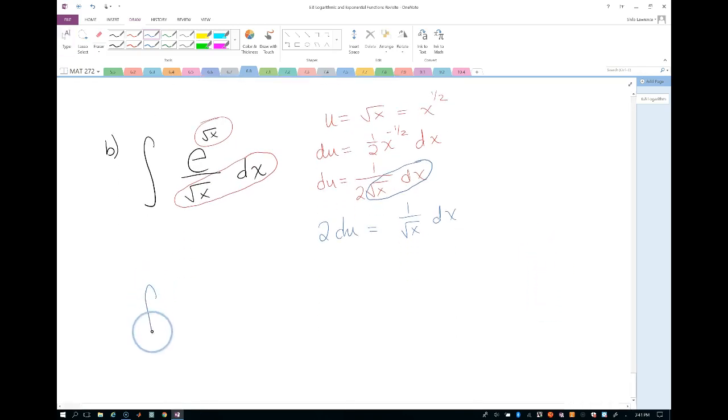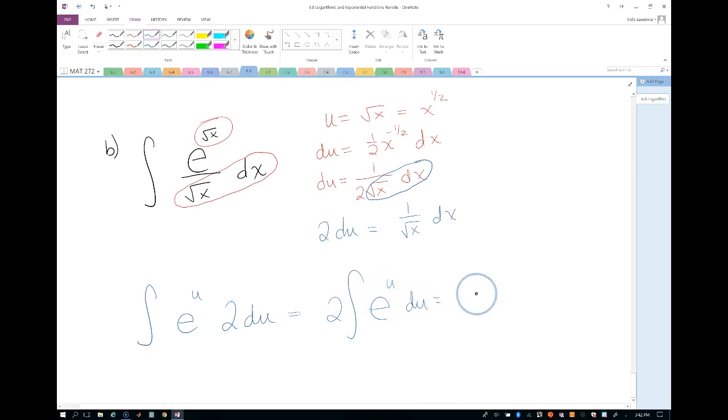When we do that, this integral becomes e to the u. The root x dx is going to get replaced with 2 du. And we have no fraction anymore because we got rid of the denominator. The 2 is just a coefficient. If you want, you can move it out front and just worry about it at the end.